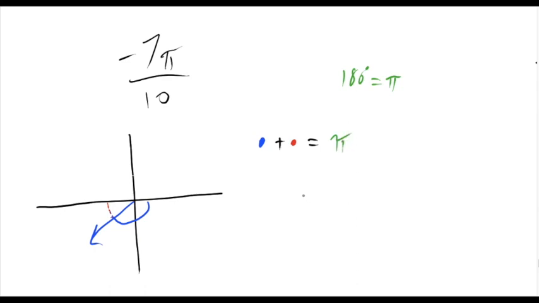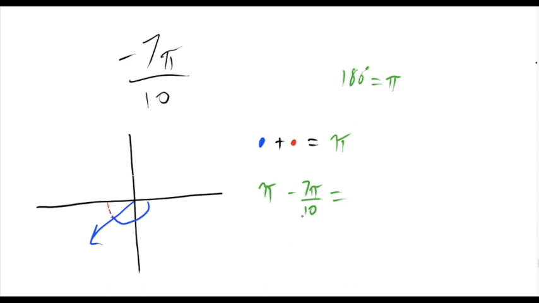Again, I can do the same thing where I take that 7 pi over 10 and subtract it on both sides. So I have pi minus 7 pi over 10 is going to give me my answer.